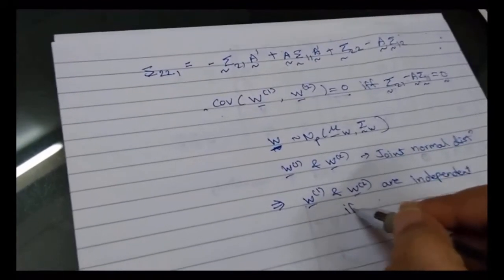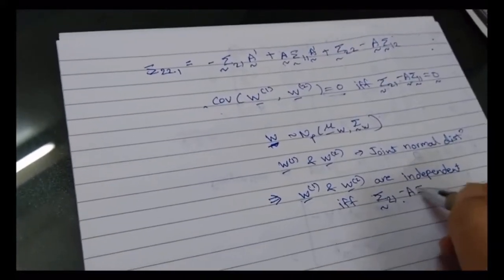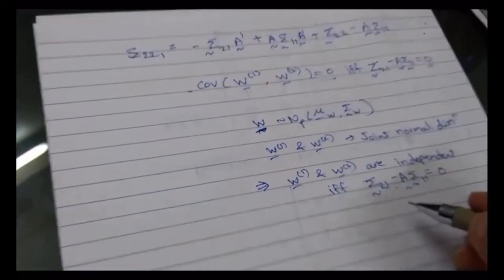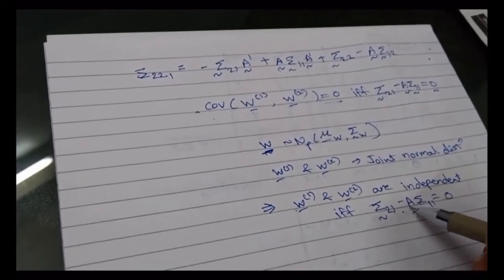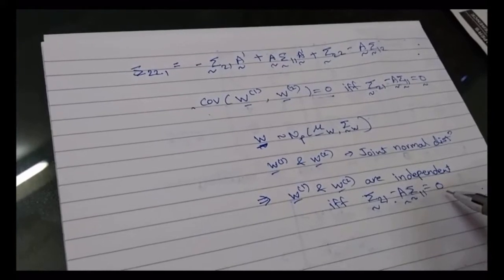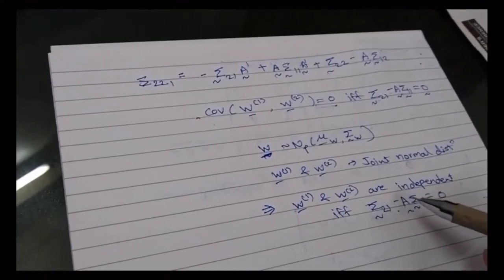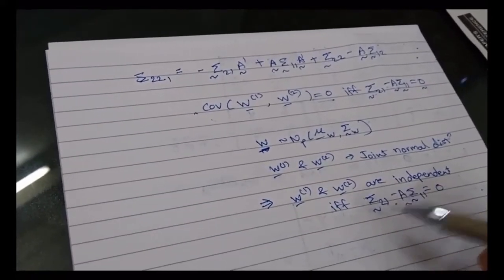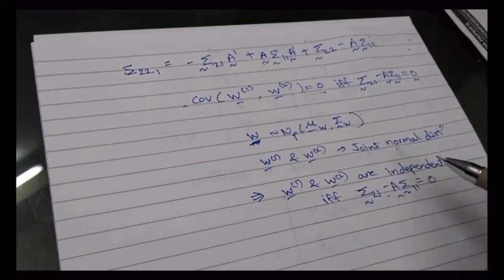Of course, if the covariance is 0. So if and only if sigma 21 minus A sigma 11 is equal to 0. What does this mean? This means that if I choose my A matrix wisely, I can make my covariance be 0. That would make the two components independent. And if the components are independent, then I know that getting the marginal distribution is easy, because conditional and marginal are actually the same for independent components.